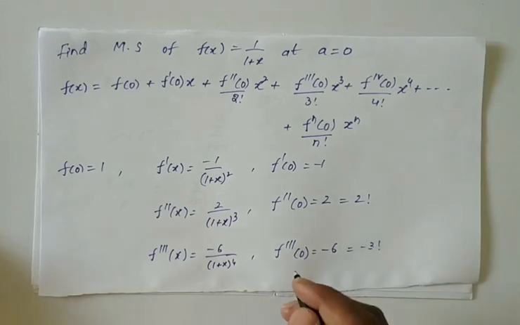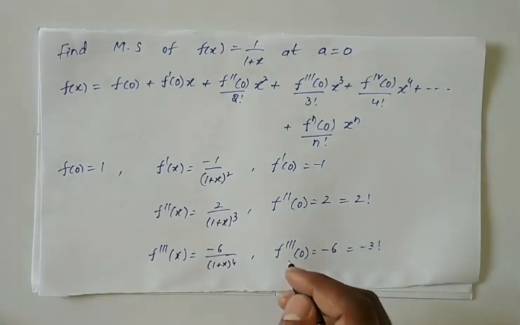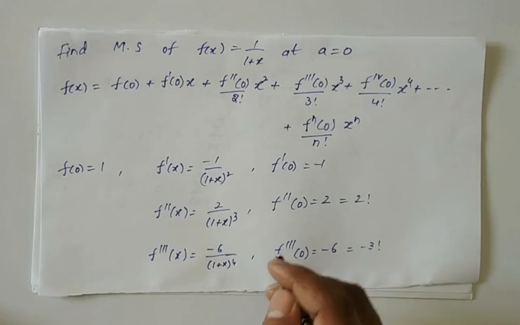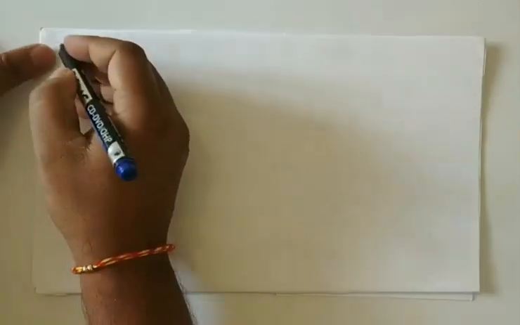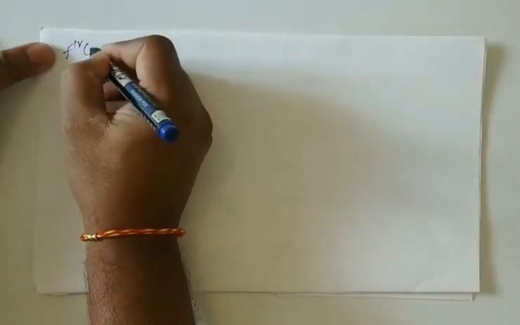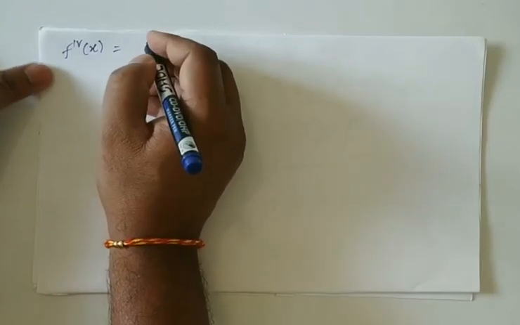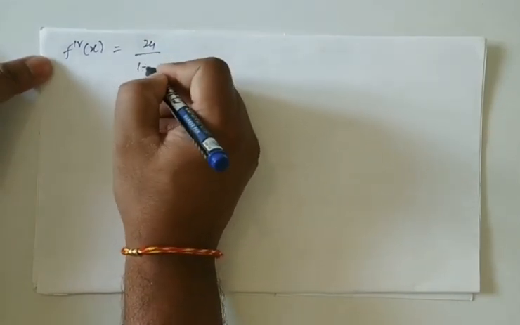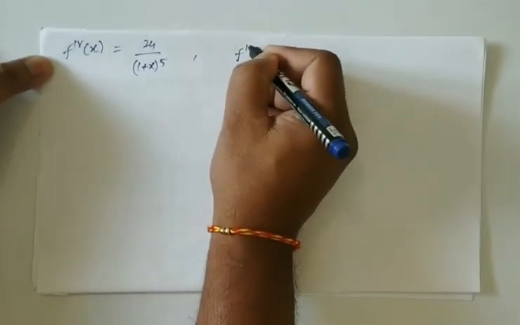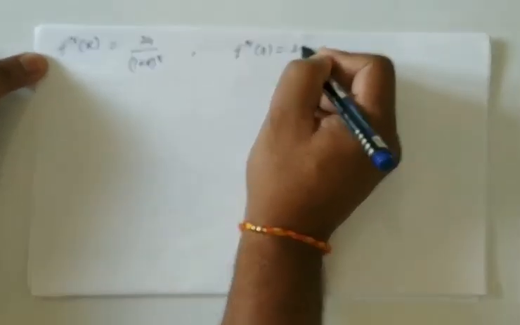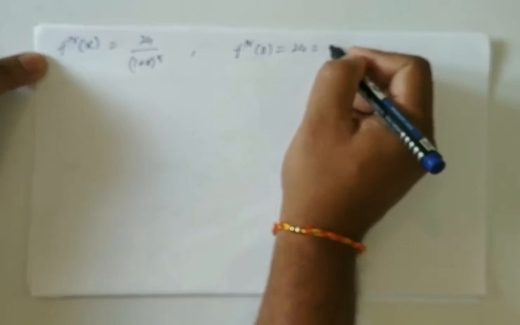Tell me the fourth derivative of the function f(x). It is 24/(1+x)⁵. Tell me f⁗(0). 24, and 24 is nothing but 4 factorial.